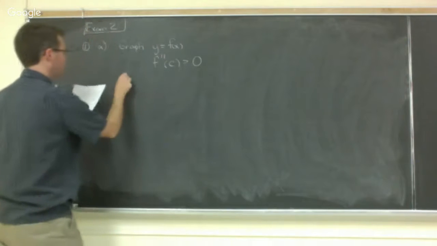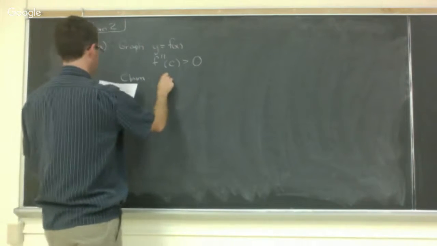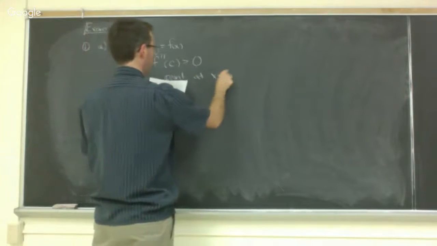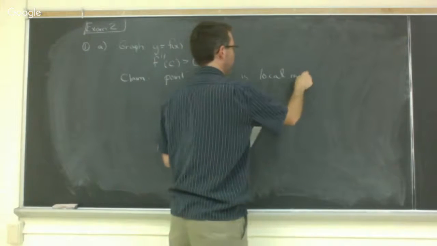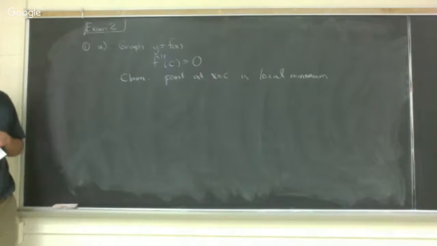And the claim is the point at x equals c is a local minimum. Okay? All right. So what does this tell me?